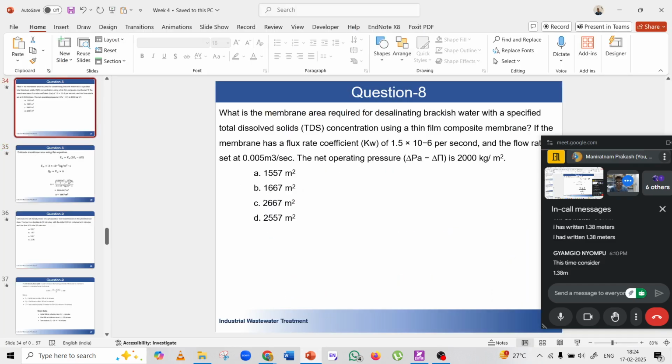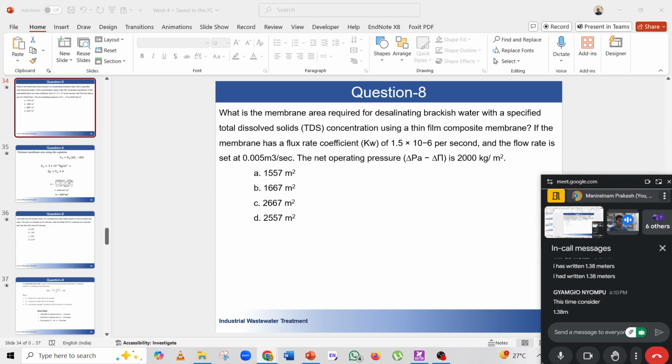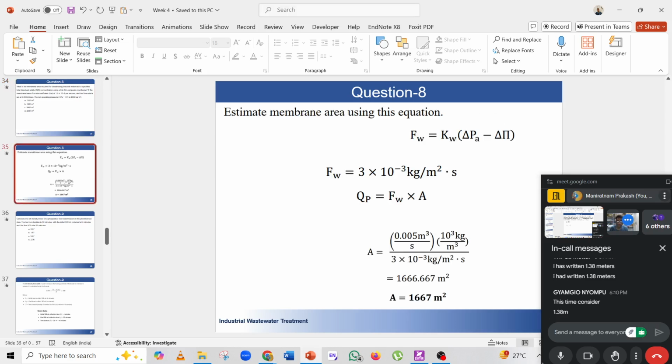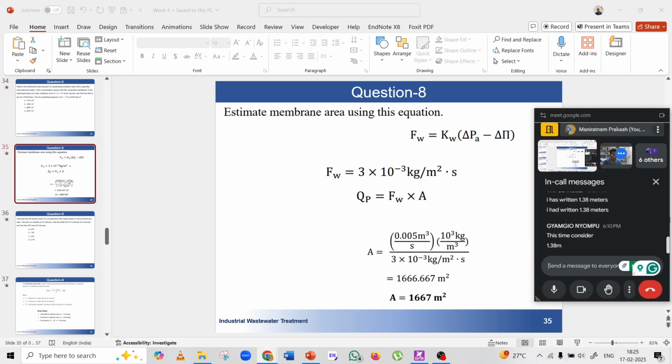The membrane has flux rate Kw given, the flow rate is given, and the net operating pressure is delta P minus delta pi. So Fw is Kw into delta P minus delta pi. By multiplying it we can find Fw.